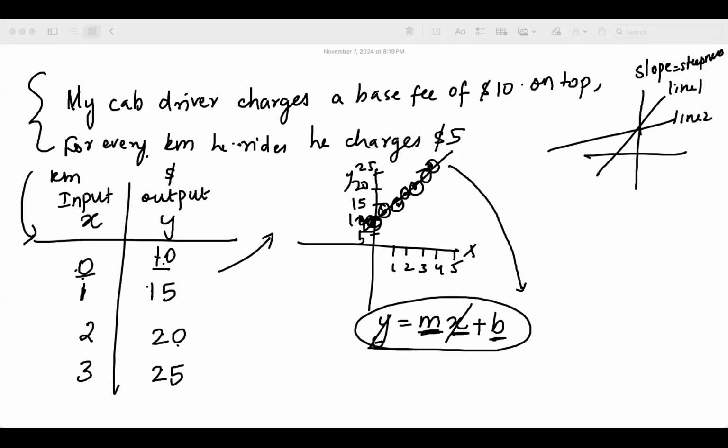Danvi, which line is steeper? Line 2. Line 2 is steeper? Which is steeper? It was looking weird to me. It's line 1 that's steeper.